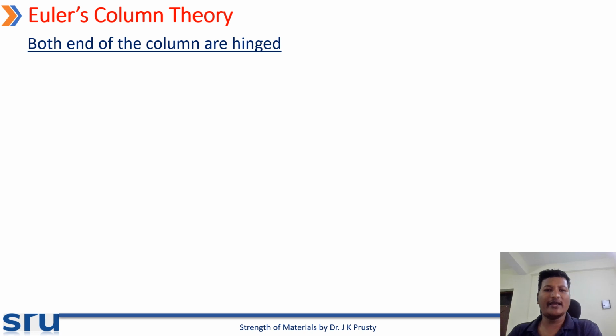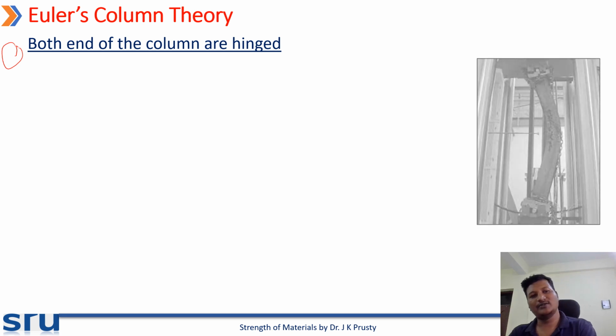There are many end conditions for the column, but from the analysis point of view, from the experiment point of view, we will only consider four end conditions. One of them is where both ends of the column are hinged.